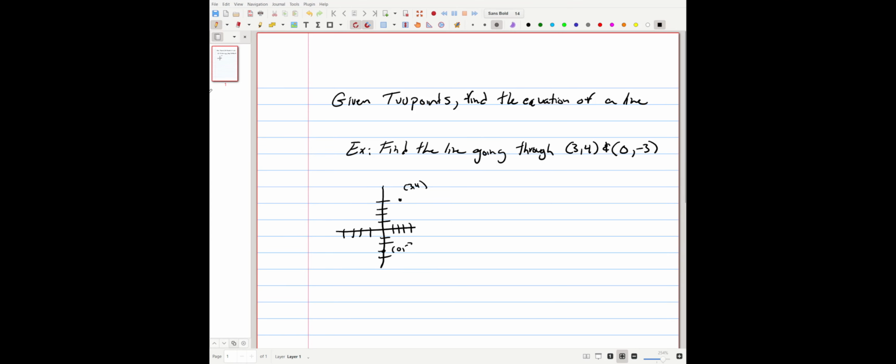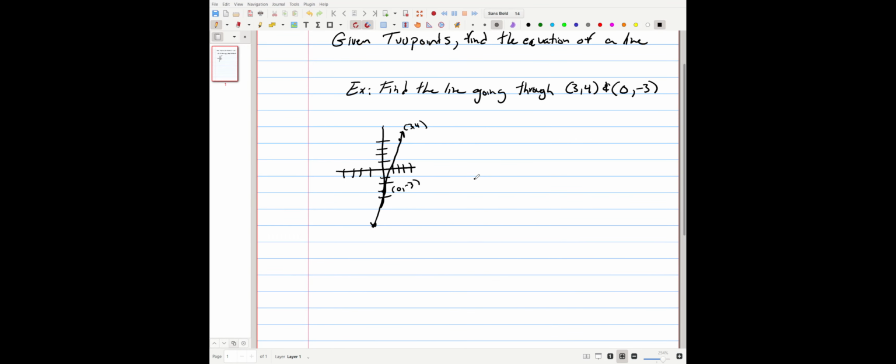And so we're trying to find the line that goes through both these points. So you'll have to excuse my drawing here, but something like that. We're trying to find the equation of this line. But in both of the equations for a line that we have, I mean, we have technically 3 equations for a line, but really only 2 useful ones. Typically, you won't use standard form for very much.